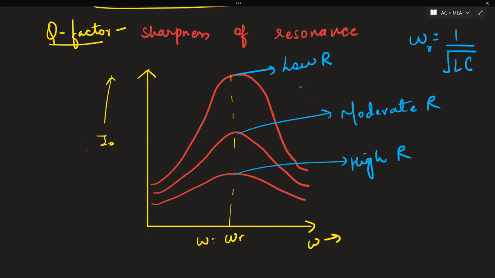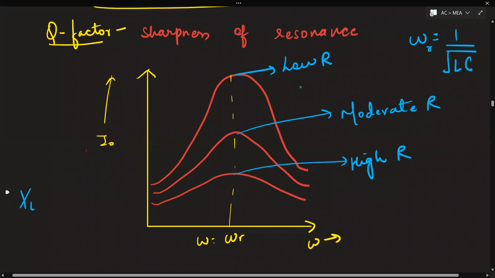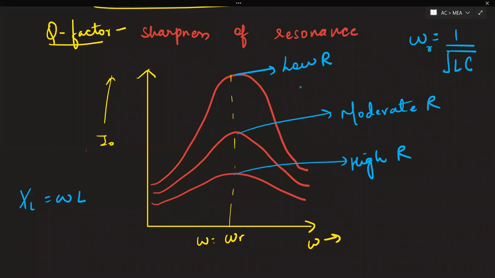So you can even figure it from here. XL is equal to omega L, right? So here we have the value omega fixed over here. At the maximum value of current, there will be a very low value of resistance. Then only are we getting a very high value of current.